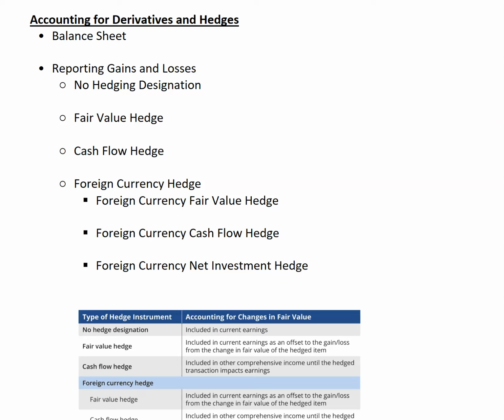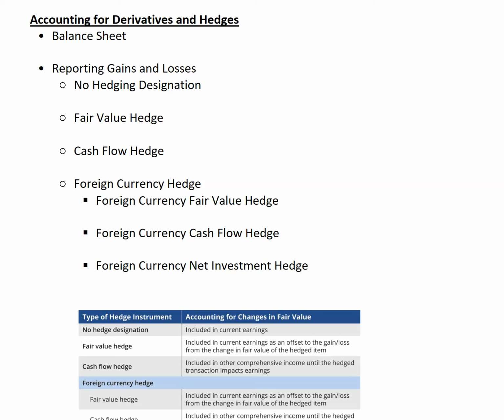Remember, whenever you invest in or purchase any derivatives, that will be on your balance sheet, either as an asset or liability, depending on the rights or obligations under the contract. And we also know that all derivatives must be measured at fair value. And here, if you have any changes in the derivatives, you also need to report gains or losses. But the question is where you will report those gains or losses.